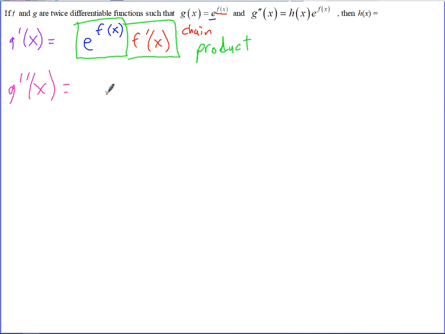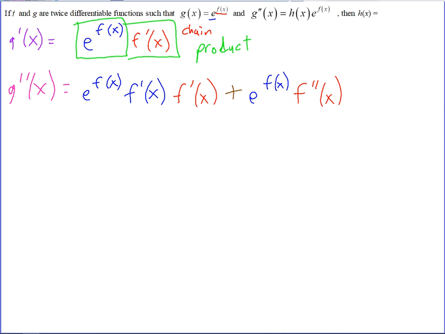Again, using the chain rule would be e to the f of x as it is, times the derivative of f of x, f prime of x. Derivative of the first one times the second one as it is, f prime of x, plus the first one as it is, e to the f of x, times the derivative of the second one, derivative of f prime would be f double prime.